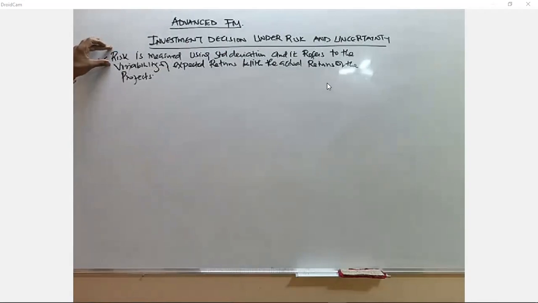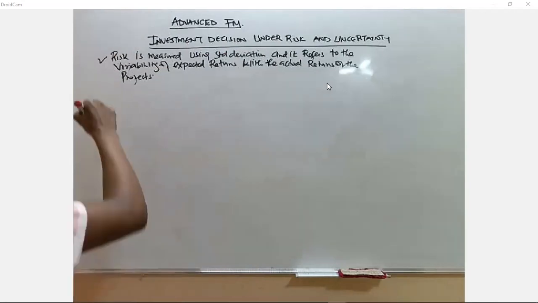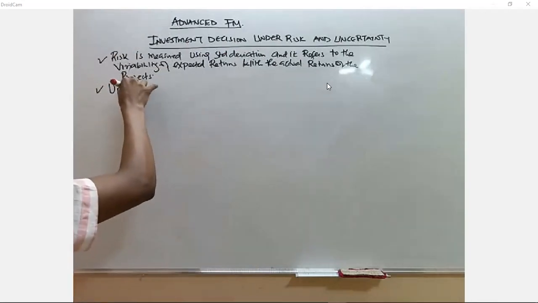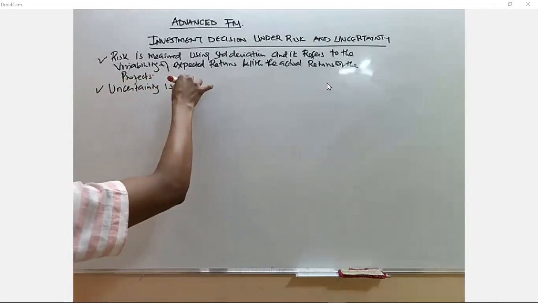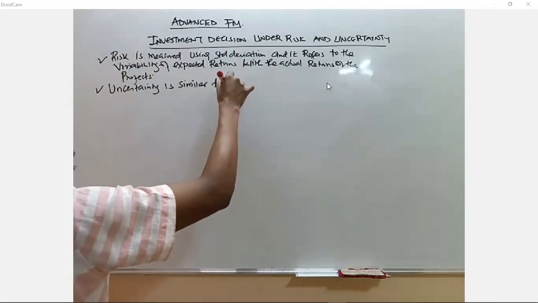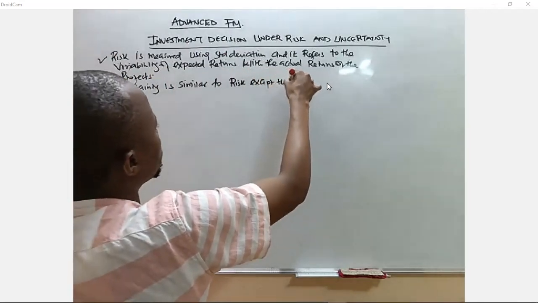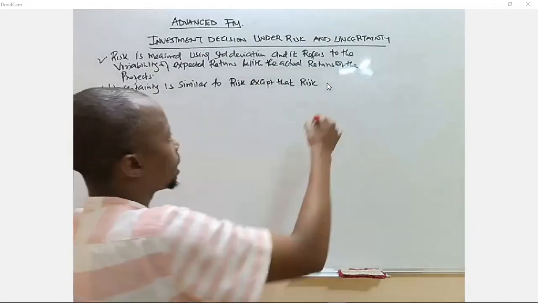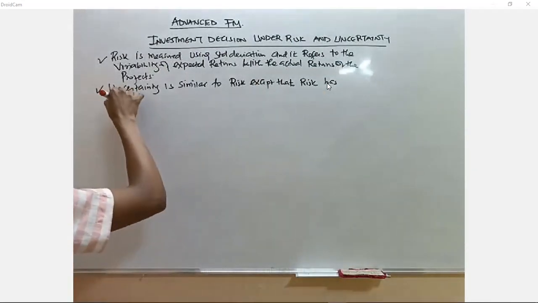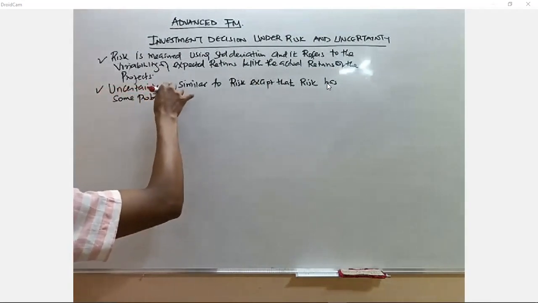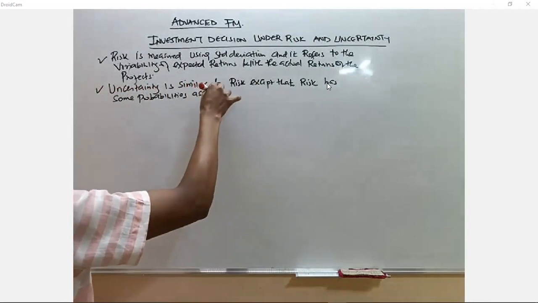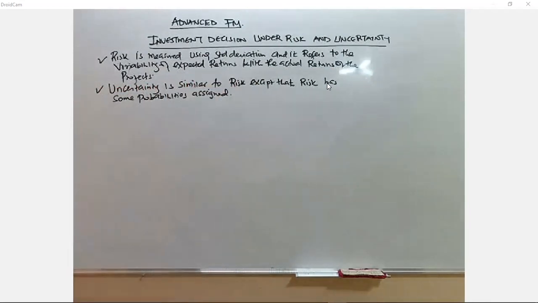What are some of the risks and uncertainties involved? Also, uncertainty is similar to risk, except that risk has some probabilities assigned to it. And when we look at uncertainties, they don't have probabilities.